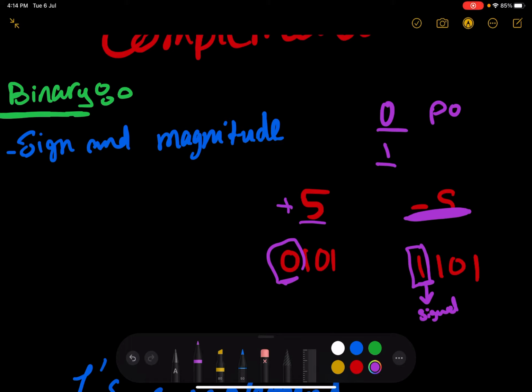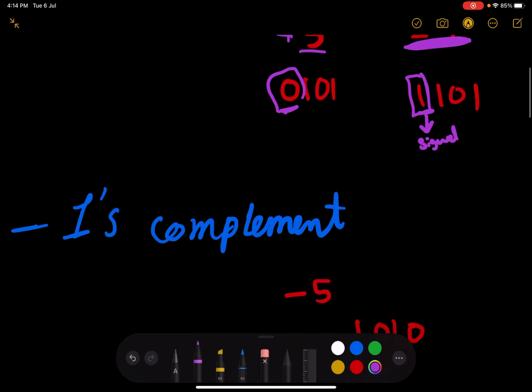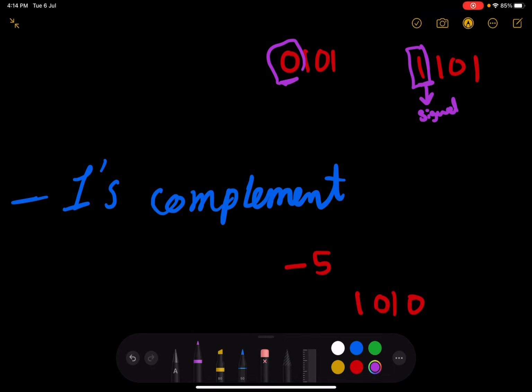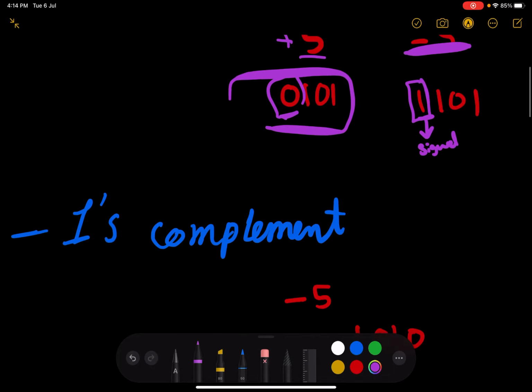You can also represent negative numbers in the binary system in another way, using ones complement and twos complement. The ones complement is very easy because you're just changing ones to zeros in the number, and vice versa, zeros to ones. Previously we had the representation of positive 5, 0 1 0 1.